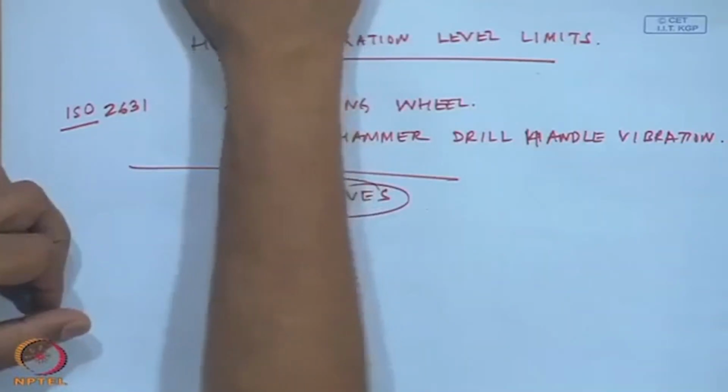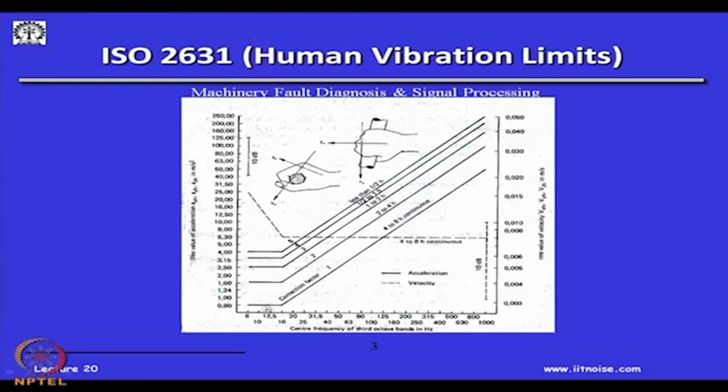If you look here, this is the permissible limit, ISO 2631 human vibration limits, for different frequency bands in octave and 1/3 octave up to about 1000 hertz. This is on the x axis. This curve shows the RMS values of the velocity, and this line the RMS values of the acceleration.